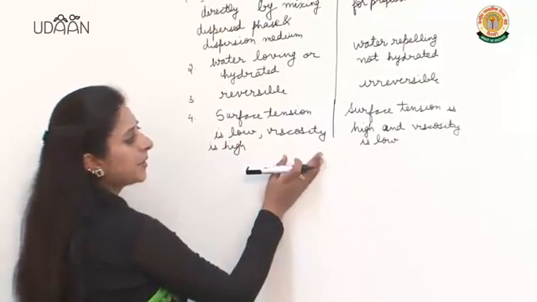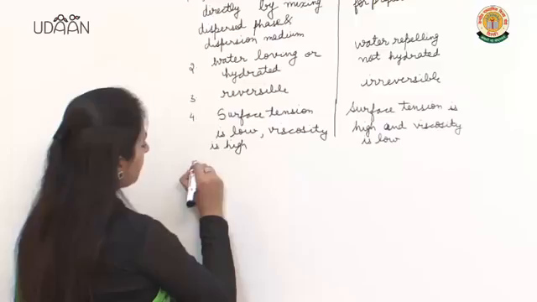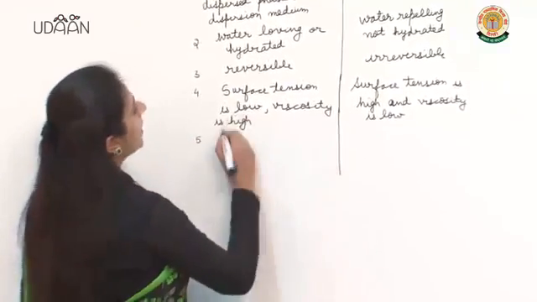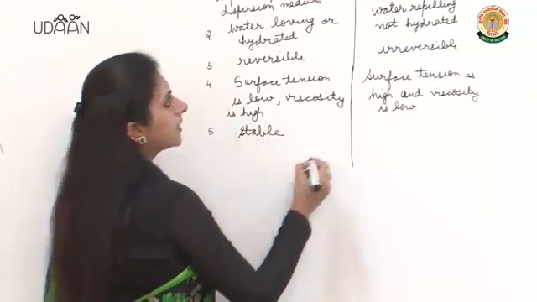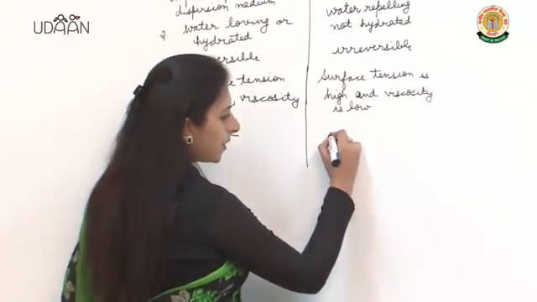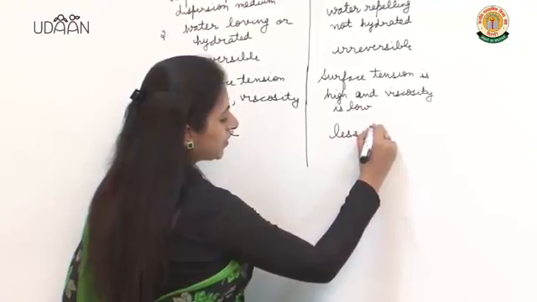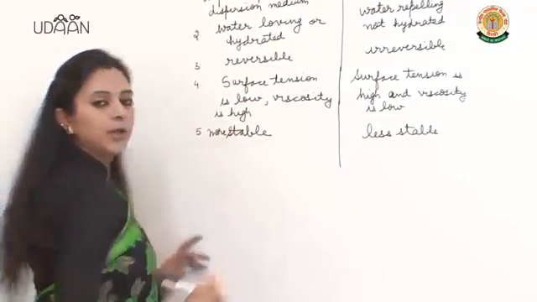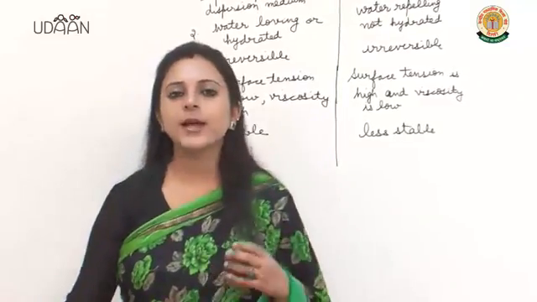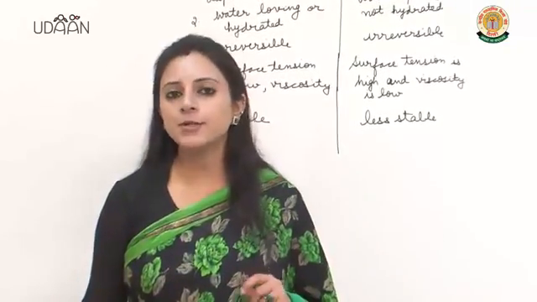Than the dispersion medium. Now, when we talk about the stability, lyophilic sols are stable, lyophobic sols are less stable. They are more stable. Now, what is the reason that lyophilic sols are more stable?